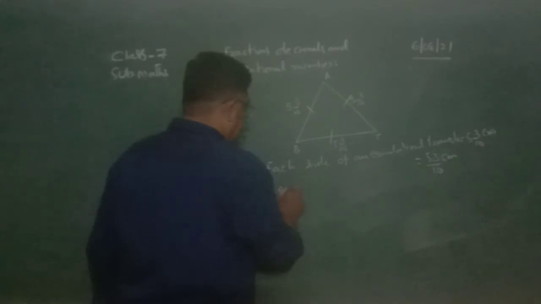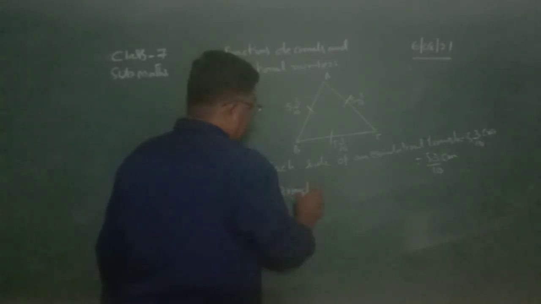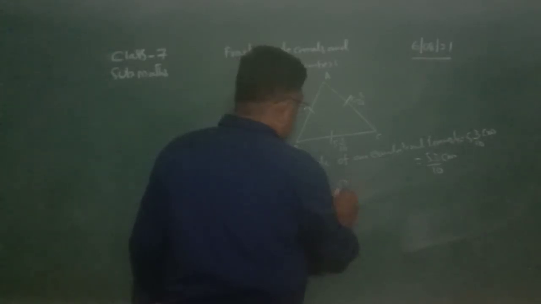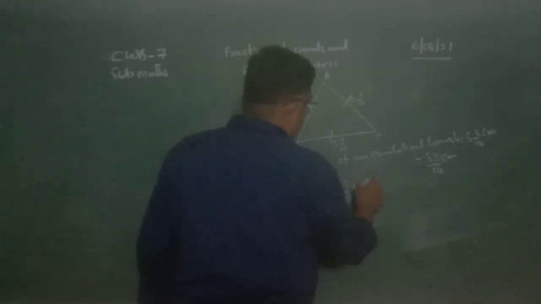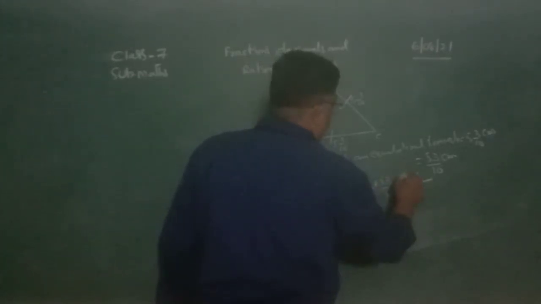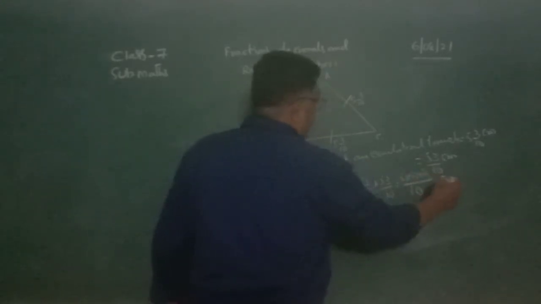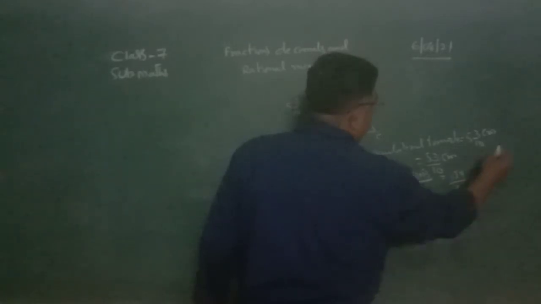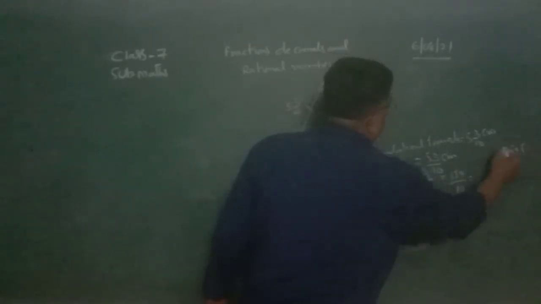Perimeter is equal to the sum of all the three sides, 53 by 10 plus 53 by 10 plus 53 by 10. The denominator is same, so 10. Add all 53s, 53 plus 53 plus 53. It is equal to 159 by 10.